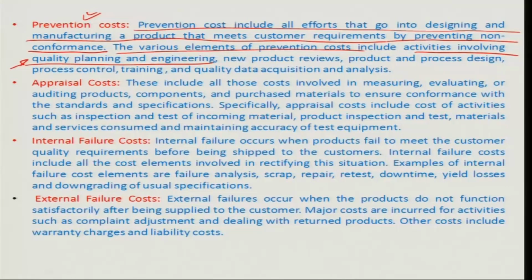Okay, so you can also have prevention costs by, let's say, new product reviews. For example, what is the perception or the need mapping of the customer, or even the aspirations of a customer behind a certain product. Customer thinks X, Y, Z different things about a certain line of cars, for example, or a certain line of automotives, for example.